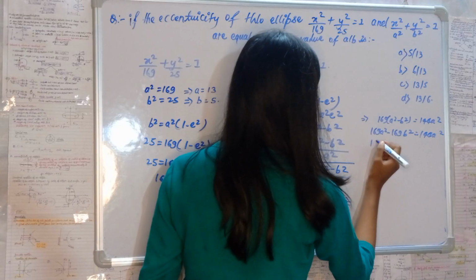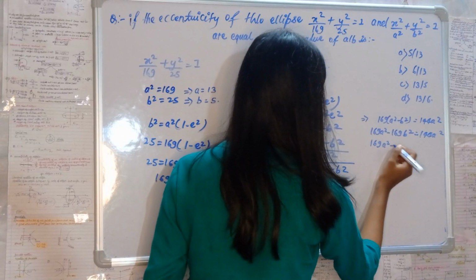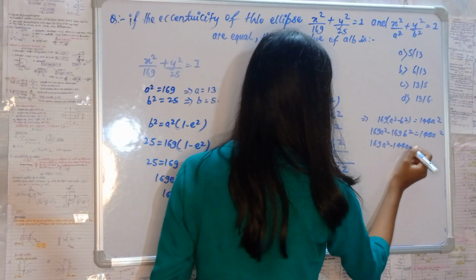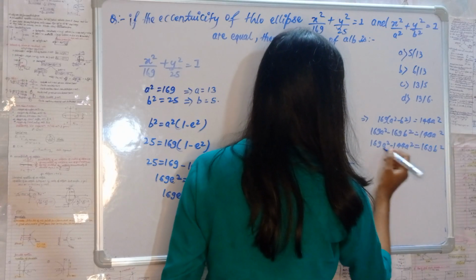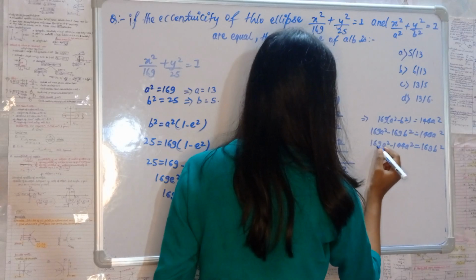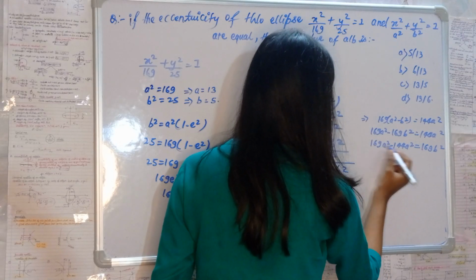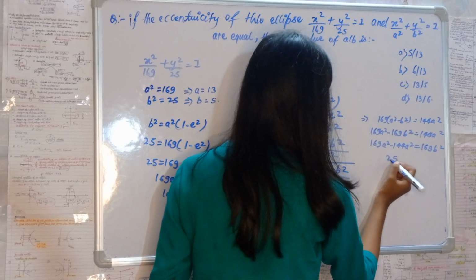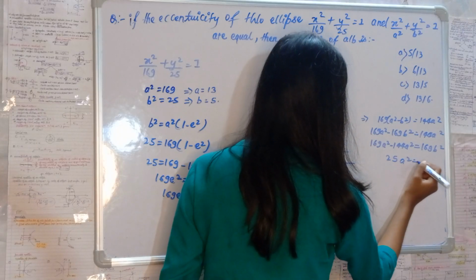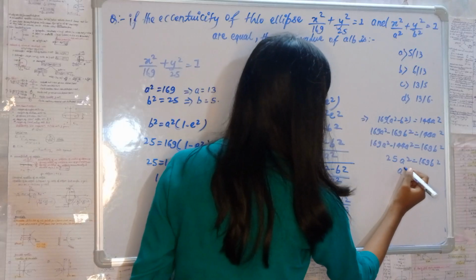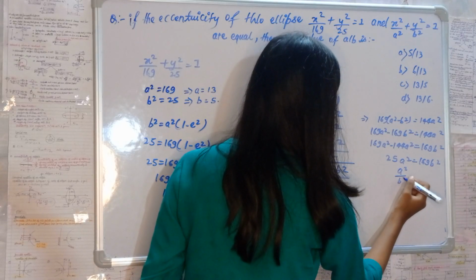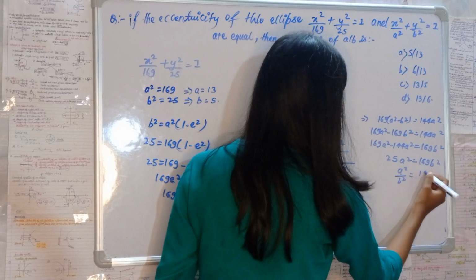So 169 a square minus 144 a square is equal to 169 b square. This gives 25 a square equal to 169 b square. So a square upon b square I get is 169 upon 25.